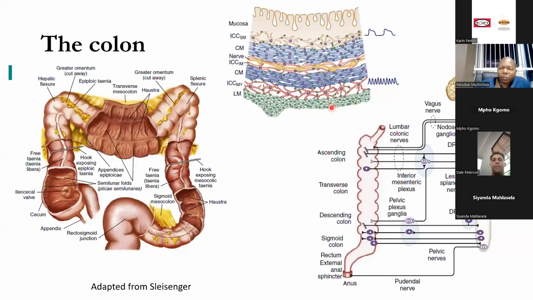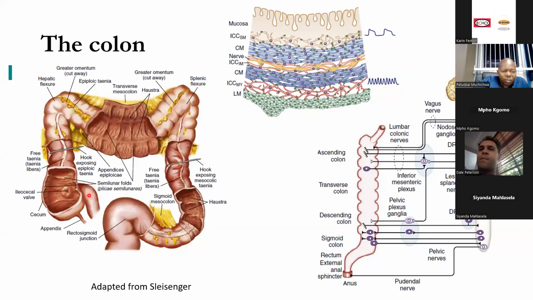All right, to start with, I'll just have a brief overview of the colon. As you can see here, the colon has many parts, as we know, starting from the cecum, ascending colon, transverse colon, descending colon, and the rectosigmoid.